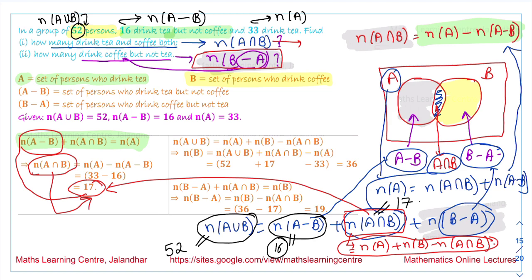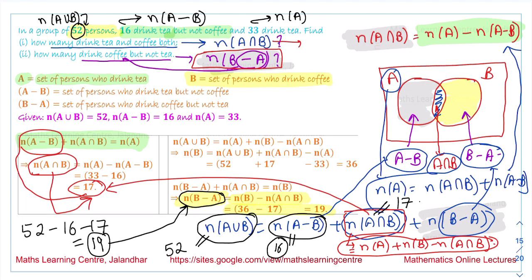So the final answer, using this formula, is that number of elements of B minus A is equal to number of elements of B minus number of elements in A intersection B, and the answer we obtain is 19. How are we getting this answer? This is 52 minus 16 minus 17, and the value we obtain is 19, and this is the value of number of elements of B minus A.